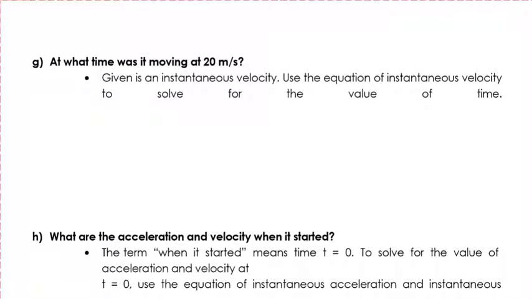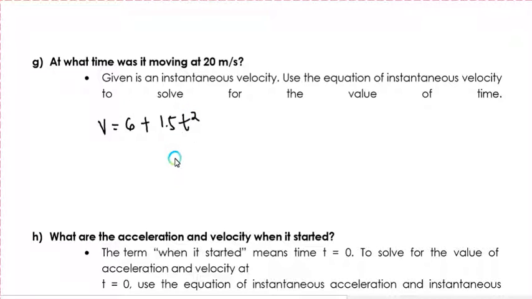Okay, next, what we need to solve is at what time was it moving at 20 meter per second. So, given an instantaneous velocity, using the equation of instantaneous velocity we solve for the value of time. So we have V is equal to 6 plus 1.5 times t squared.